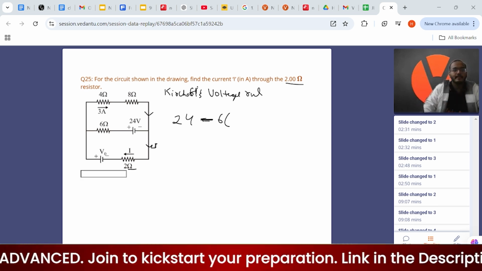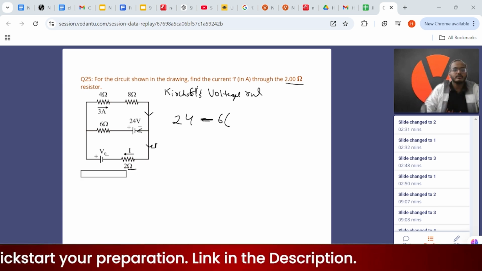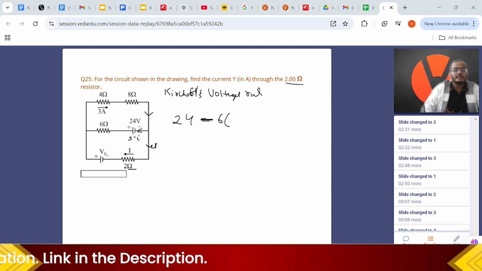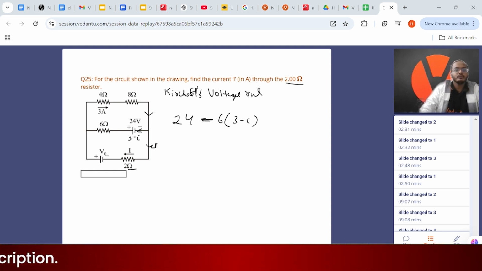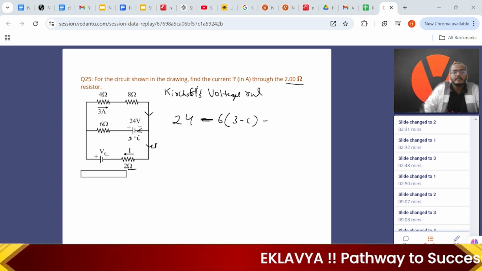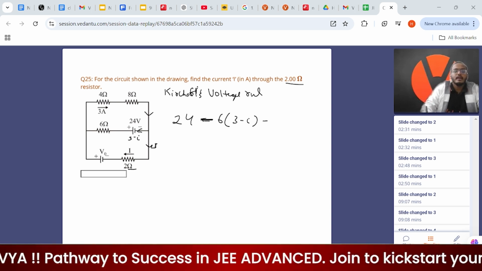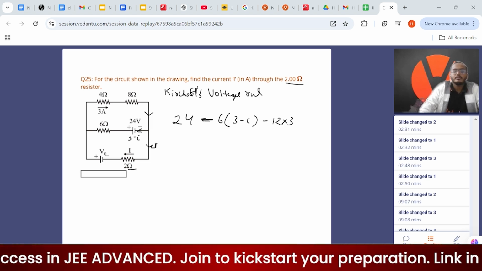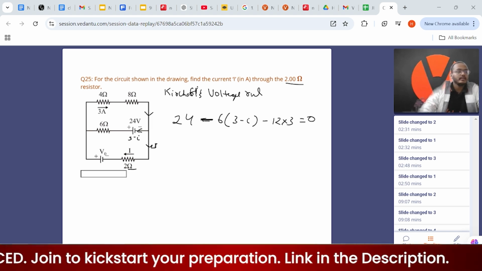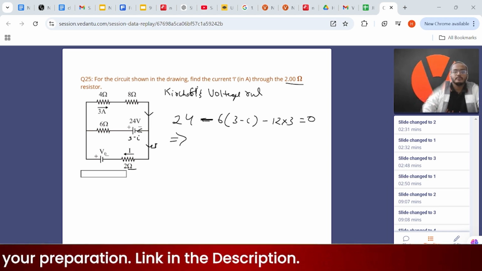Let's say I is going here, so it will be 3 minus I here, so it will be 6 into 3 minus I, minus this: both are in series, so there will be the same current here, and it will be 12 ohm, so 12 into 3 equals 0.